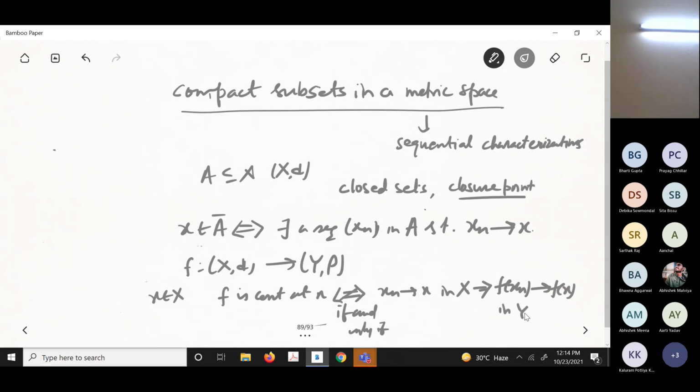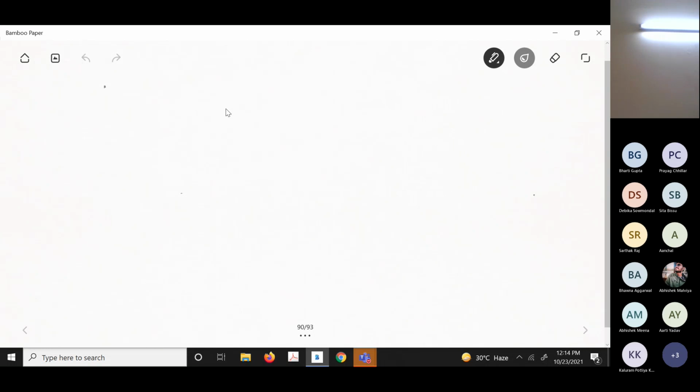So in Y, you got a closure point. Don't forget, in totally bounded sets also you got the sequential characterization.